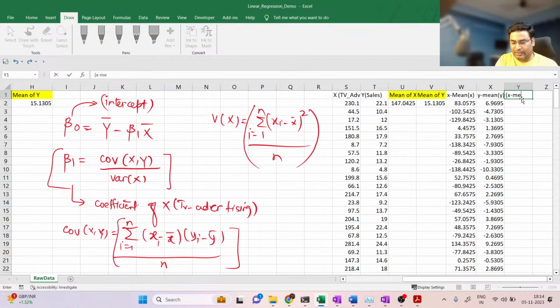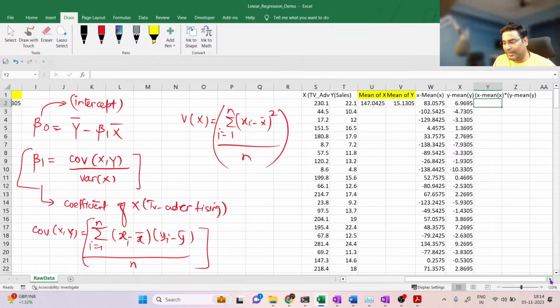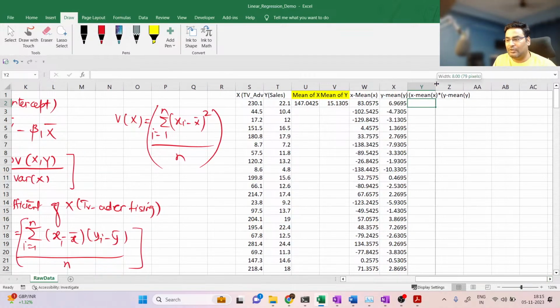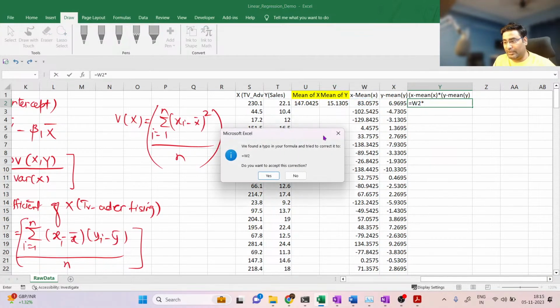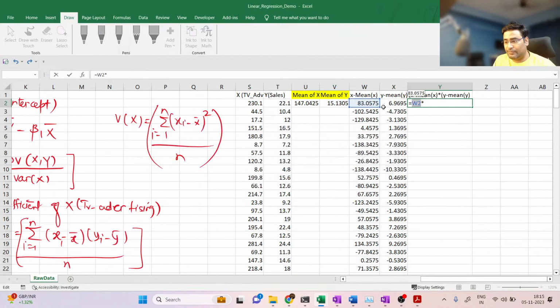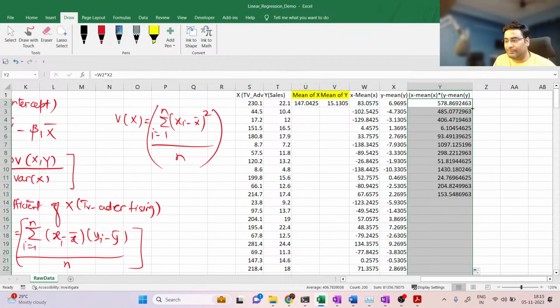You will say x minus mean of x into y minus mean of y. I'm doing all live, guys. I'm not just showing a slide, so please pay attention. It just means that you have to do the product of these two. Just multiply these two. Perfect.